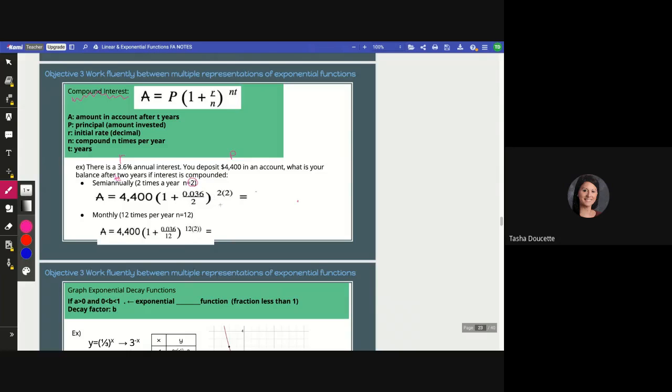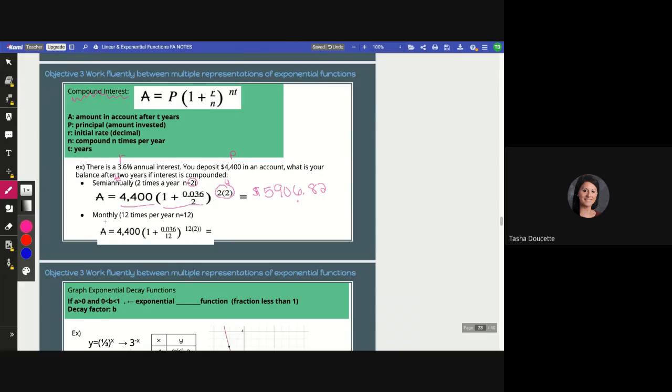We raise that to the compounding of 2 multiplied by the years, which is, again, 2. What I would do first is everything inside the parentheses. When you get that answer, you raise that to the power of 4. Then you multiply all of that by 4,400, and you get an answer of $5,906.82.